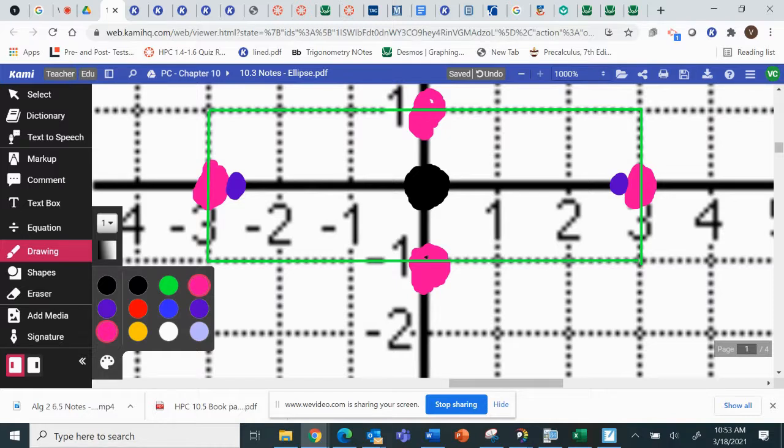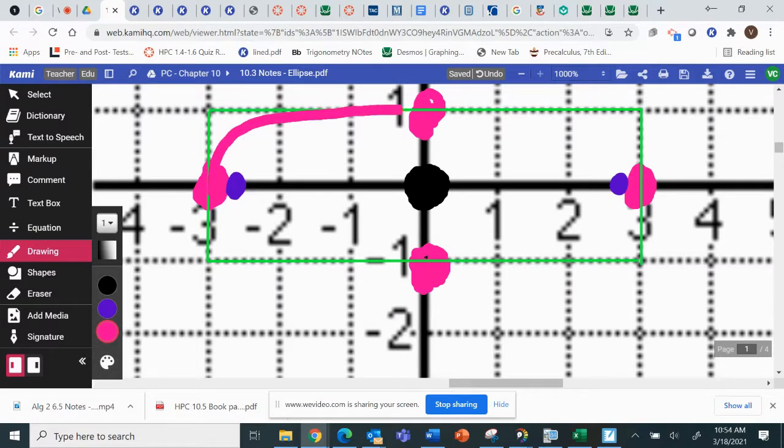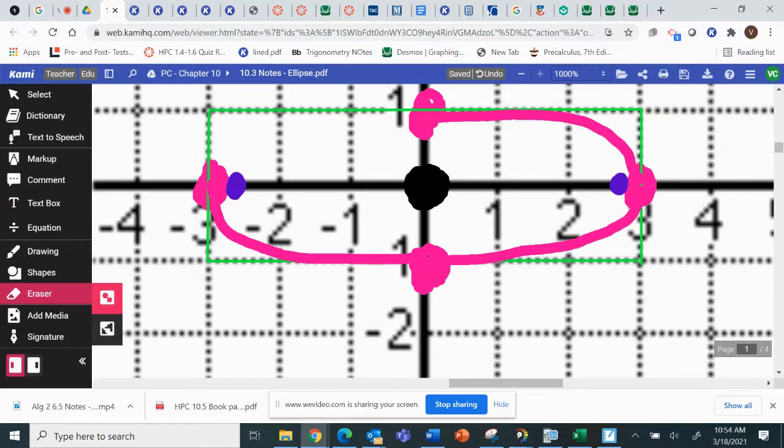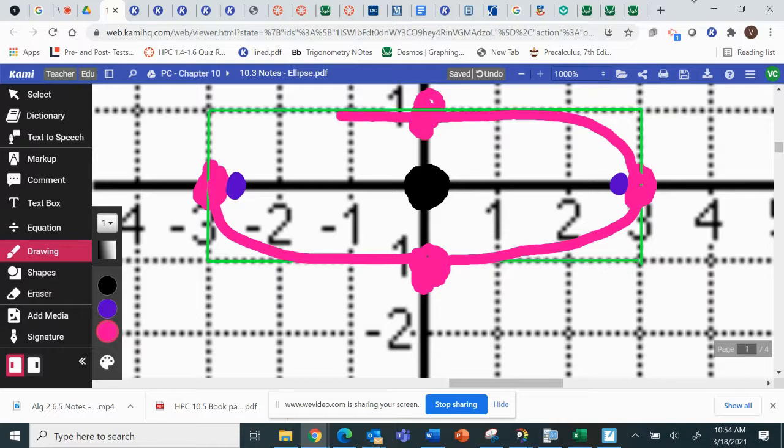They don't usually look really good. But I'm going to use this corner to help me round it out. And that way, if I mess up one of the corners, I can just redo that one corner instead of the whole thing. I think my first one was rounded too much. It's a little bit better. There you go. The graphed ellipse.